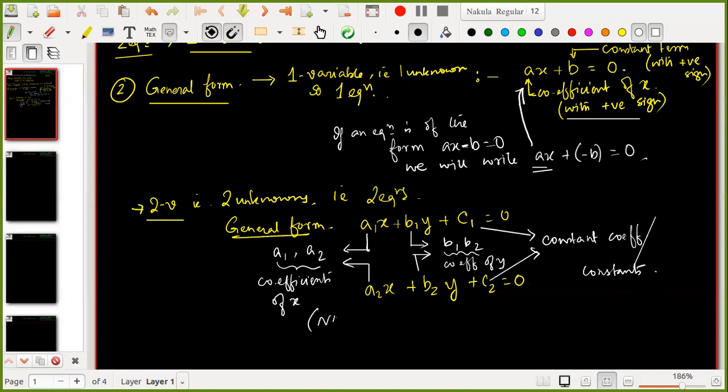Note all the coefficients are considered with positive sign.